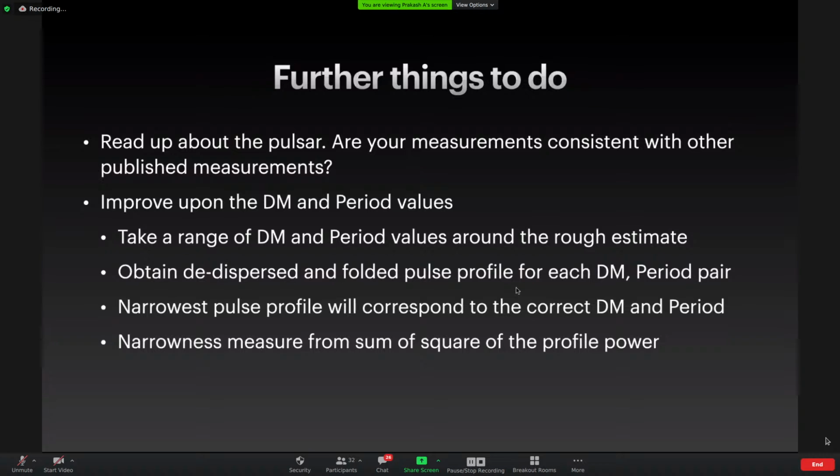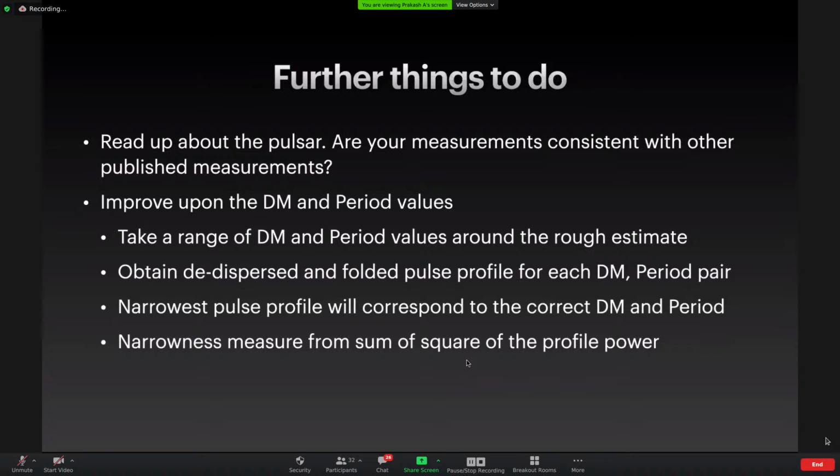So if you come up with a measure where a narrow pulse gives you a larger value than a smeared out or broader pulse, you can go over a matrix of DM and period values and figure out which pair gives you the narrowest pulse profile, the final profile after de-dispersion and folding. And that is something you can do at your own leisure.